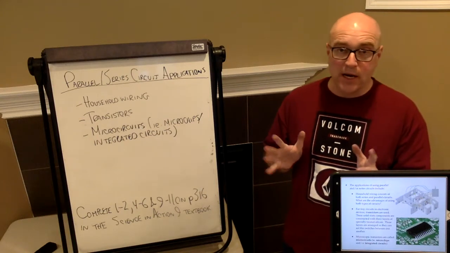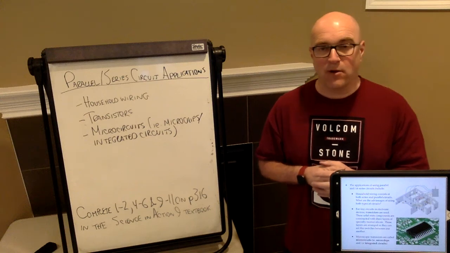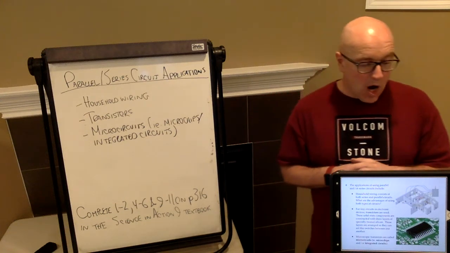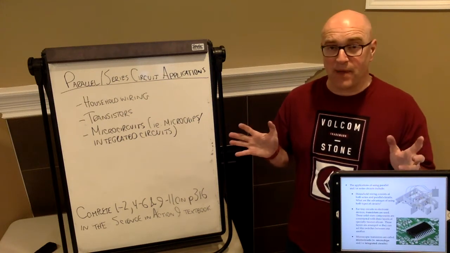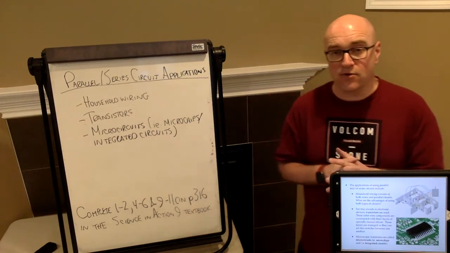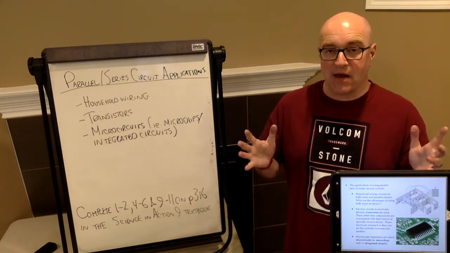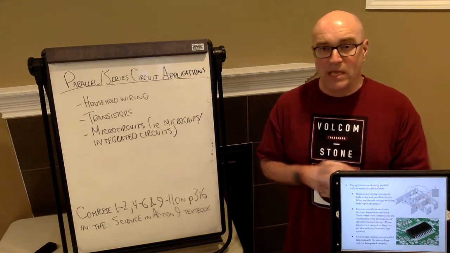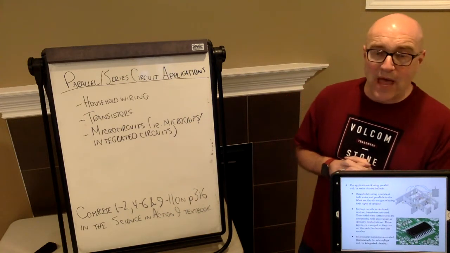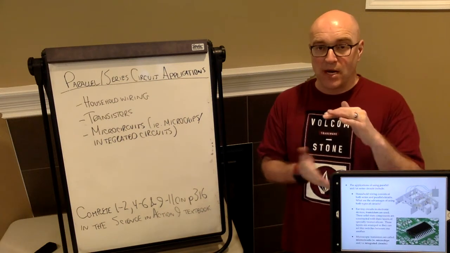And the last example or application of a parallel or series circuit I'd like to talk about are microcircuits, microchips or integrated circuits, which are basically microscopic transistors. These are transistors on a very, very small scale that have revolutionized everything from our mobile devices in our hands to iPads. Basically, we live in a tech world now, and it's because of the microchip that we've been able to take technology and shrink it right down.